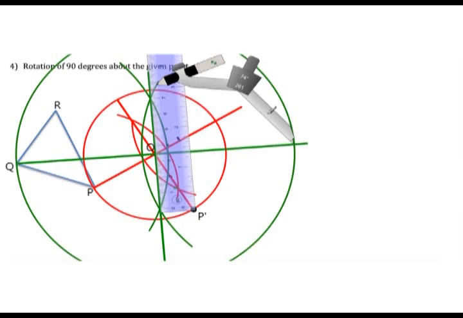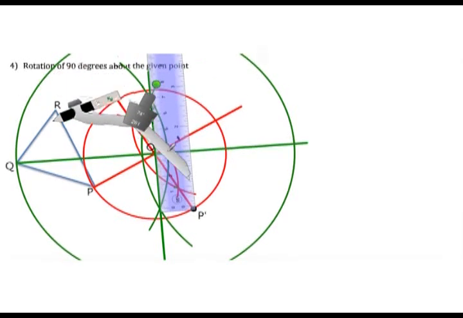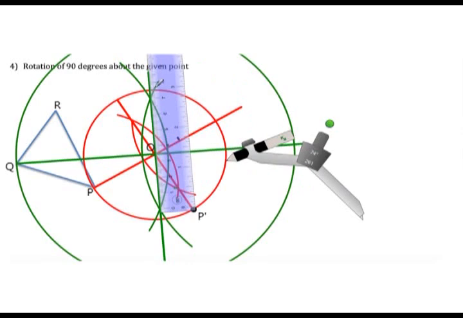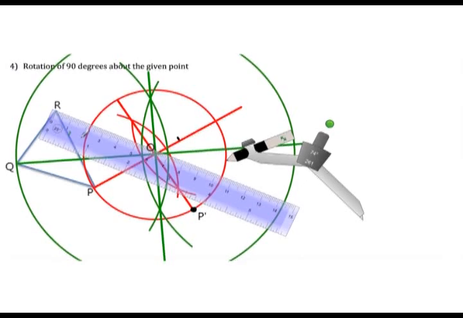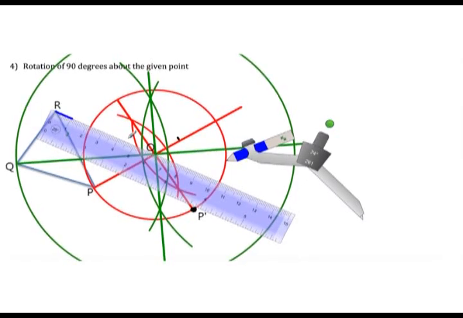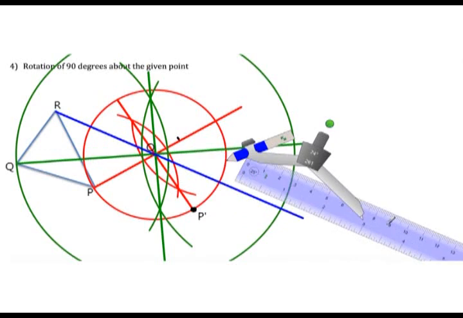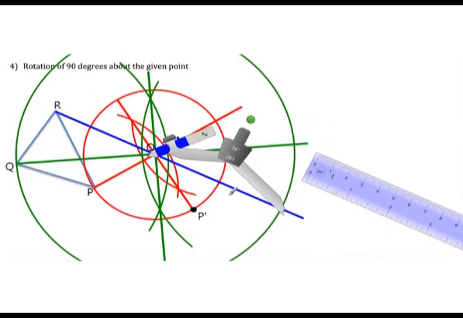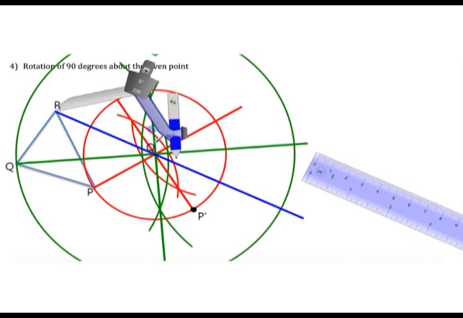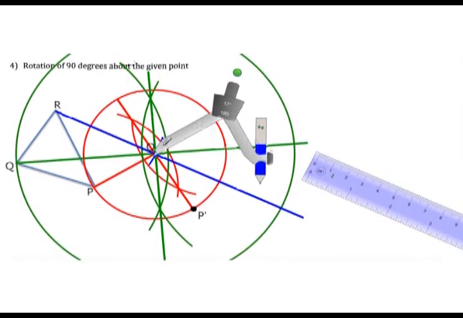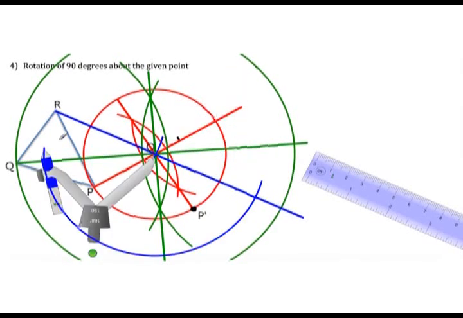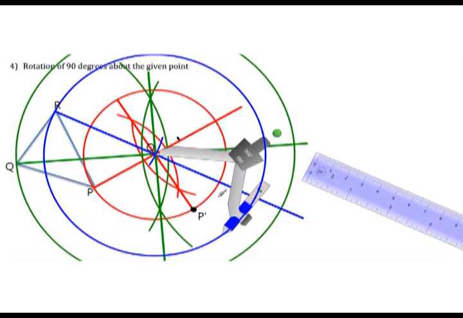And to our third point, take this away first. We join R to the center O. And then take that distance. It will be our radius. We come here and draw the circle. All right.